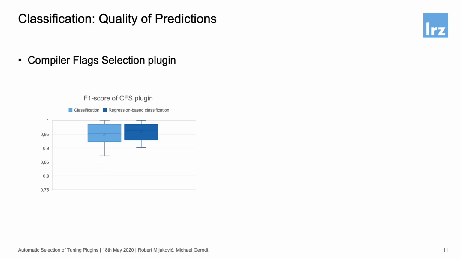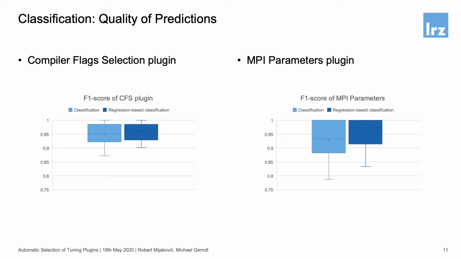As you can see, CFS has very good F1 score for both pure classification and regression-based classification. On the other hand, the MPI parameters plugin has somewhat lower F1 score, which in both cases could be attributed to lower dataset size, 35 instead of 52 applications.